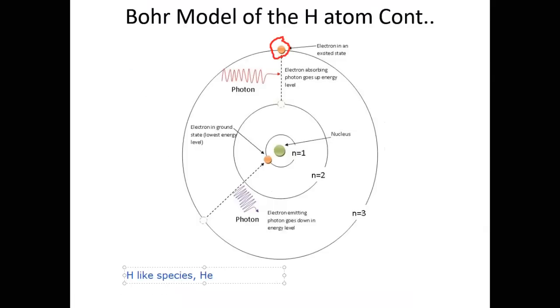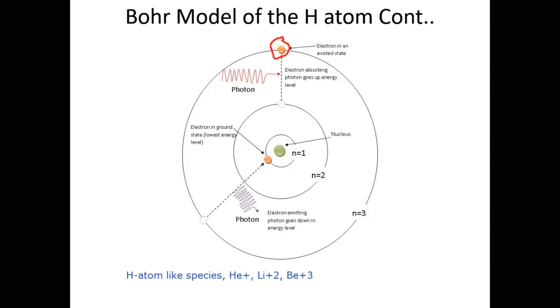So helium plus, lithium 2 plus, beryllium 3 plus, etc. Species with one electron are hydrogen-like species, because the hydrogen atom only has one electron. So those species with one electron behave the same way.